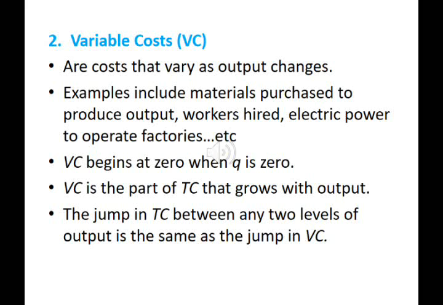And we know that fixed cost is a fixed number, whatever the level of Q. But variable cost will increase with the level of Q. So the changes in the total cost column will represent the variable cost. So the jump in the total cost between any two levels of Q is the same as the jump in the variable cost.